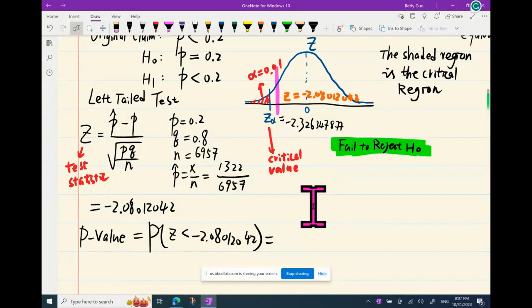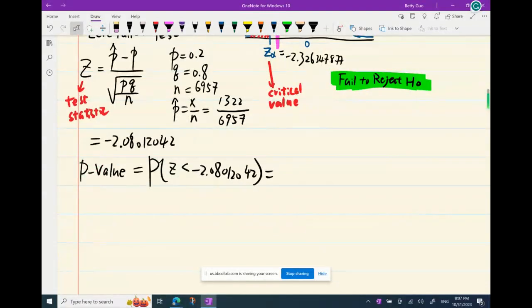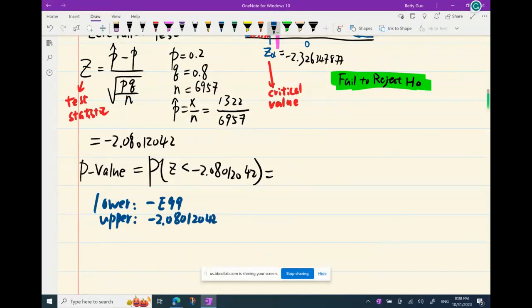For the lower, you enter negative EE 99. We have talked about that. For the upper, you enter negative 2.0801242, and mu stays as 0, sigma stays as 1, and you paste. We have done this a lot of times.